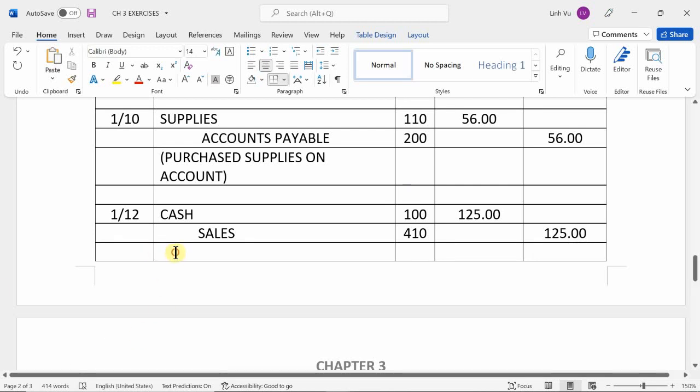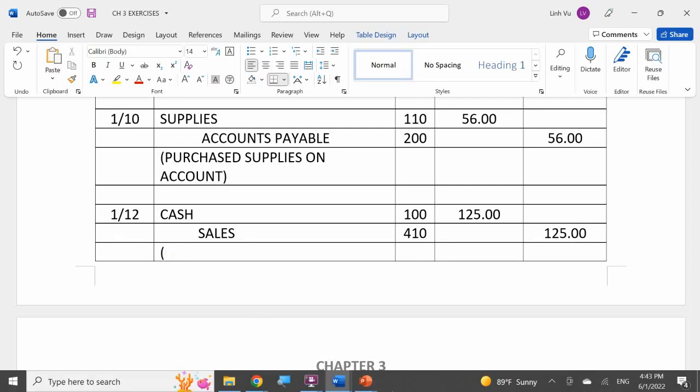Okay? And of course, you can make a note saying here that you sold 25 toys at $5 each. So that's why you got the grand total of $125. But in this case, your company should already know what your sales price is, so you don't actually need to say that I sold X amount of toys for a specific price, right? Your store should already know that.